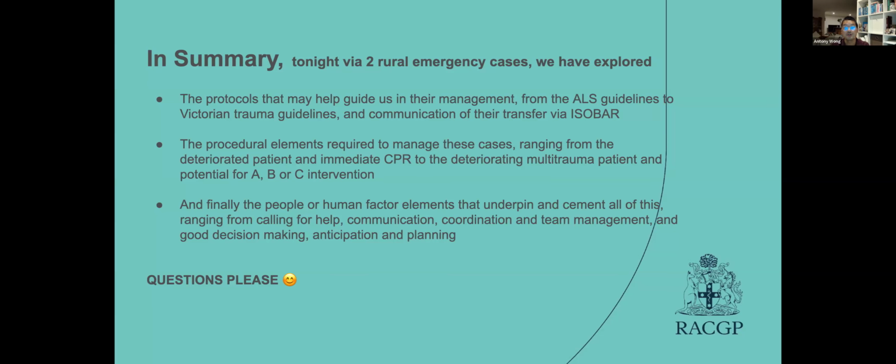And finally, the people or human factor elements that underpin and cement all of this, ranging from calling for help, coordination, communication, and team management, and good decision-making, anticipation, and planning. And I hope I've highlighted this in these two videos.